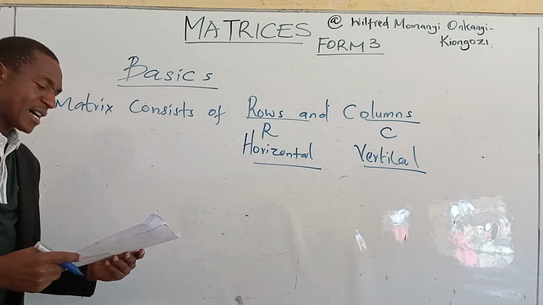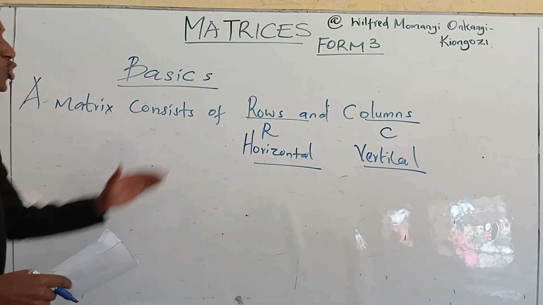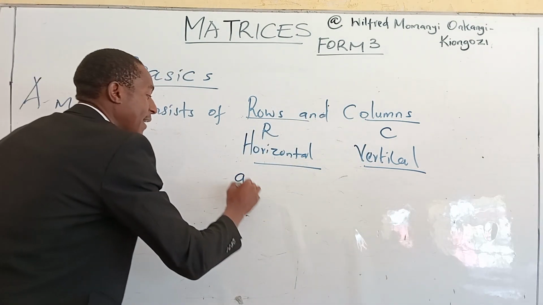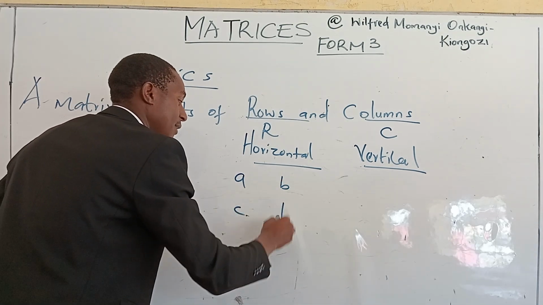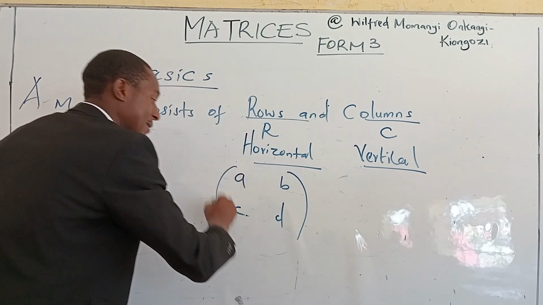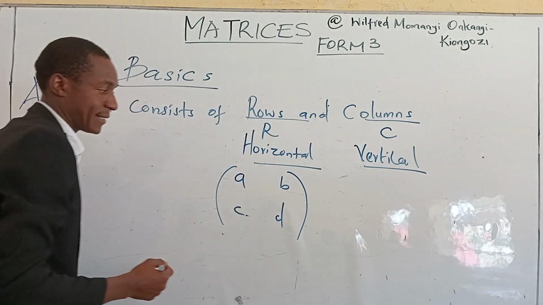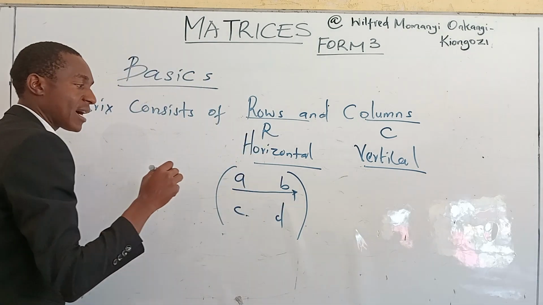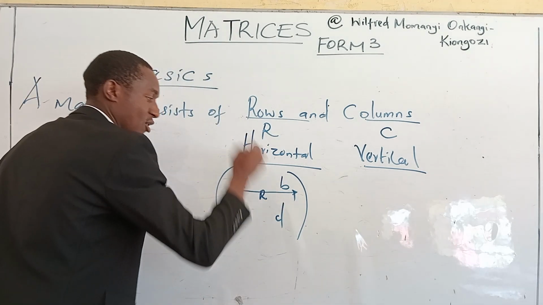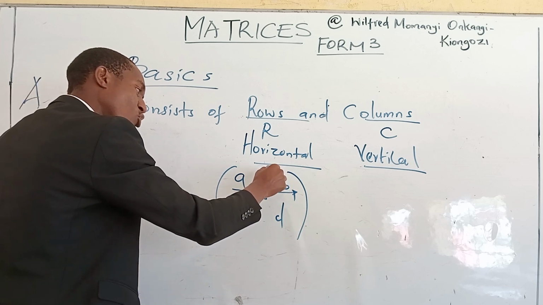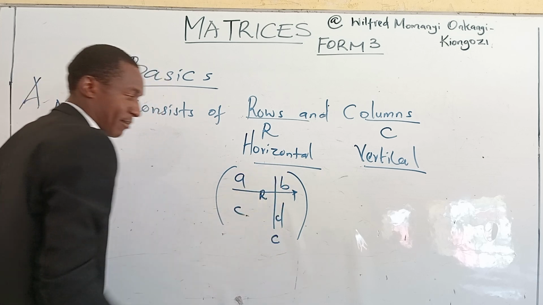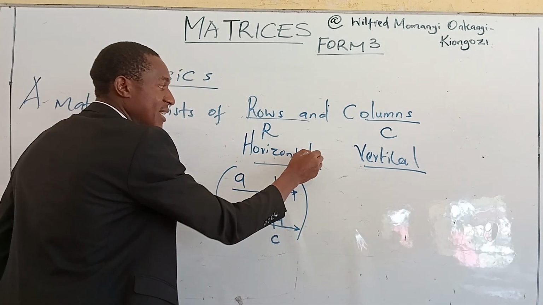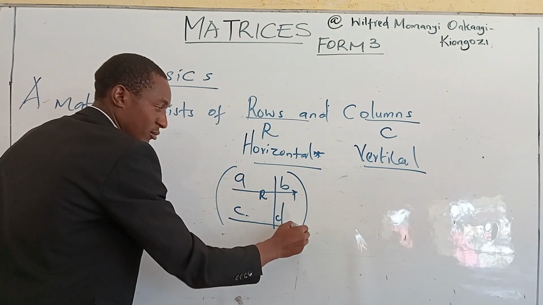I'll give you an example of a row and show you how the two are arranged. For example, I will say A, B, C, D, and then I will use either round brackets or square brackets. From A towards B, this is a row. From B towards D is a column. From C towards D, running horizontally, is a row.